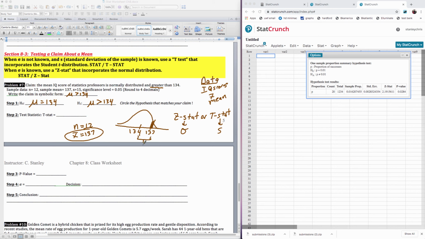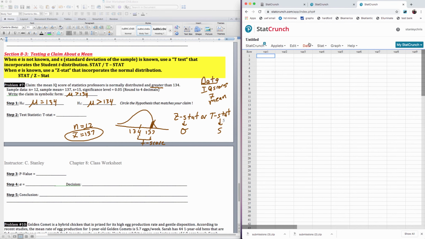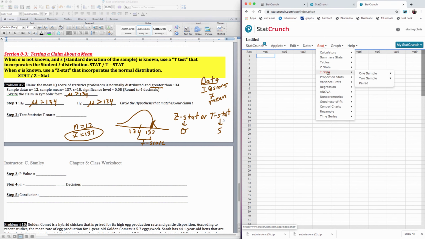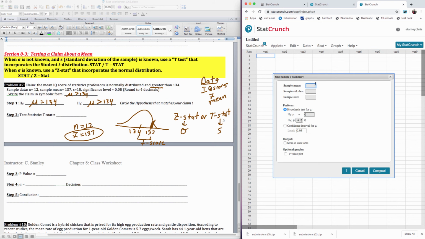So we need to find the t-score. So we're going to run the t-test. T-stats, one sample. Okay, we don't have the data. We don't have the actual scores. We have the summary. Sample mean was 137.